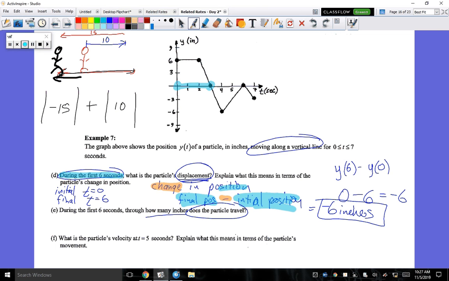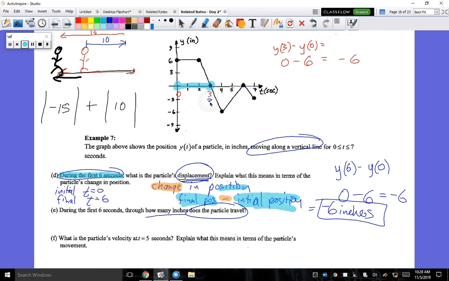We could do what is the position at 0 and 3 and say the final position minus the initial position, which is going to be 0 minus 6. That's for that first one.